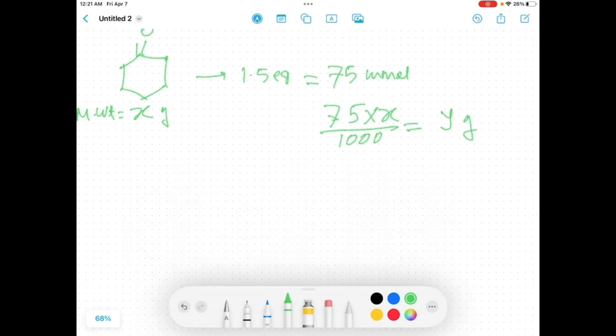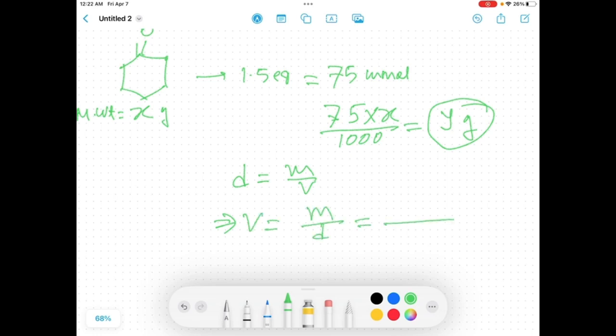But since it is a liquid, sometimes it is tough to measure it in gram. So in that case, you can convert that required gram into a volume. How? Because we know density equals m over v, so volume v equals m over d.